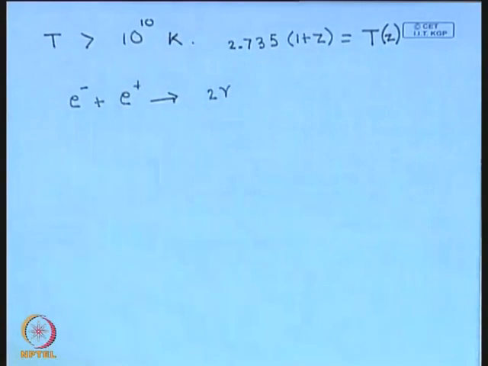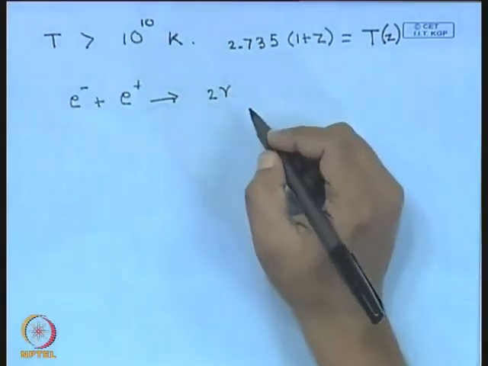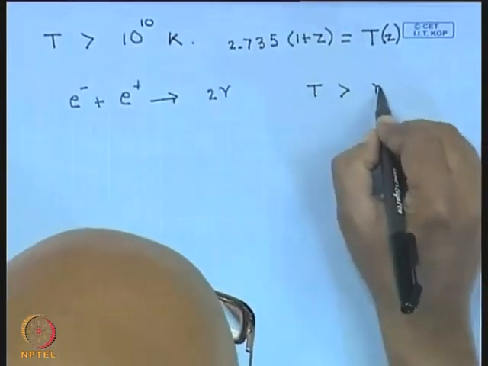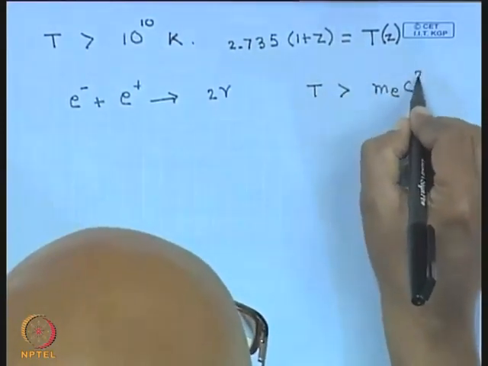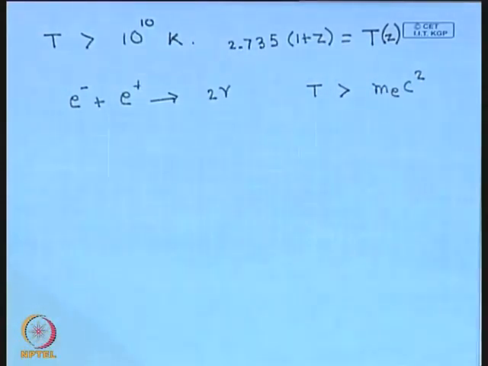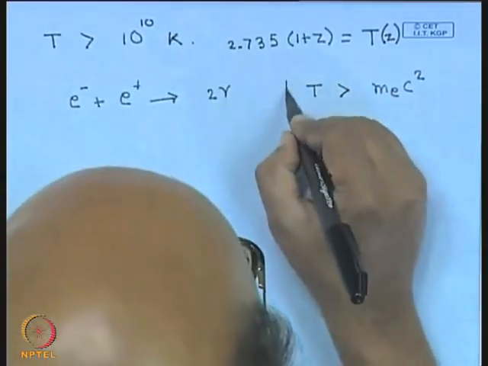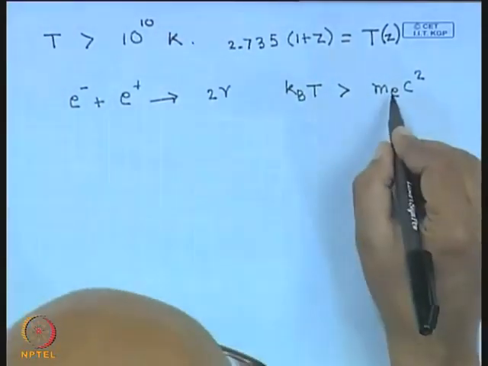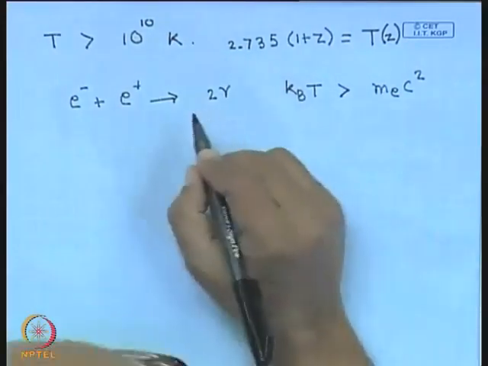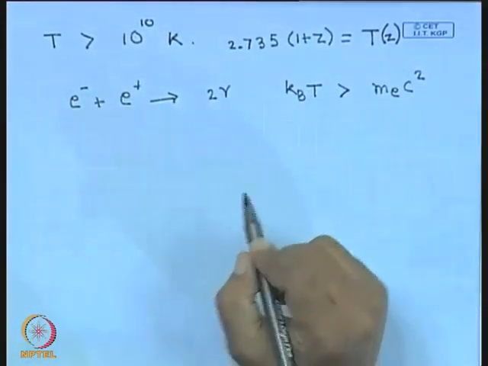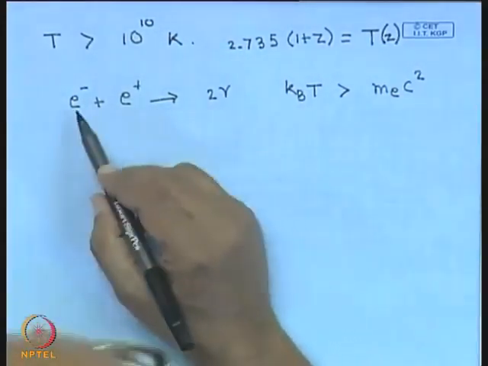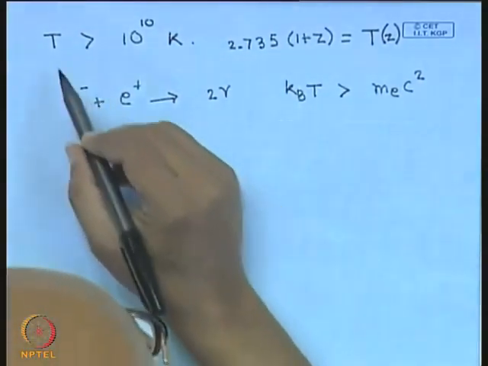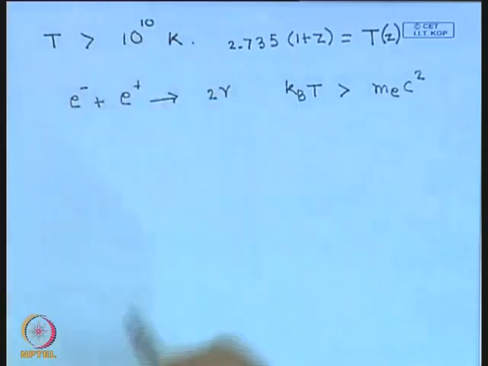Basically the CMBR is hot enough: the temperature of the CMBR is such that kT, the energy corresponding to that, is greater than m_e c squared, the rest mass energy of the electrons. So the photons in the CMBR have adequate energy to produce electron-positron pairs, at temperatures greater than 10 to the power 10 Kelvin.